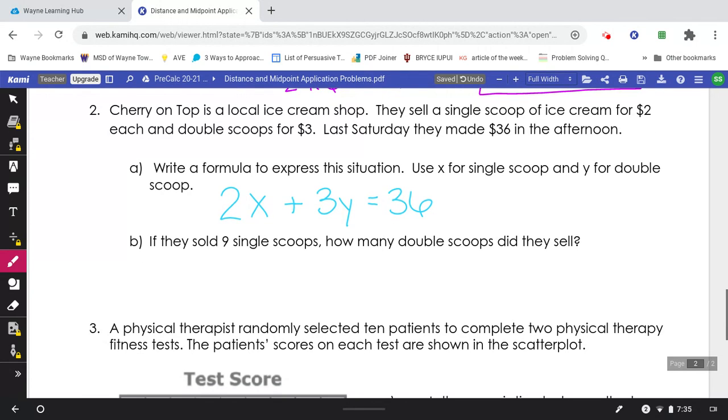Part B, if they sold 9 single scoops, how many double scoops did they sell? So we're going to plug 9 in for the X, and then go ahead and solve. I'll let you try that part.